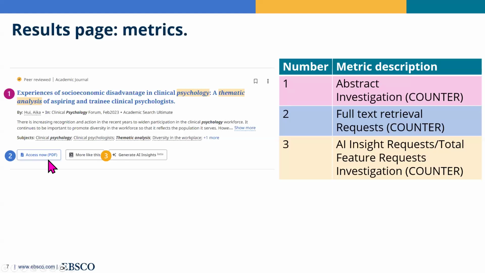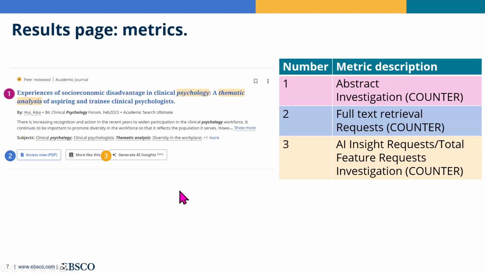They might also go straight to the full text. If that's the case, it will be a full text retrieval, or in COUNTER terms, a request. And if you do have your AI insights on, if a user clicks on this, it will generate a total feature request and an AI insight request in the standard usage reports, and an investigation encounter.